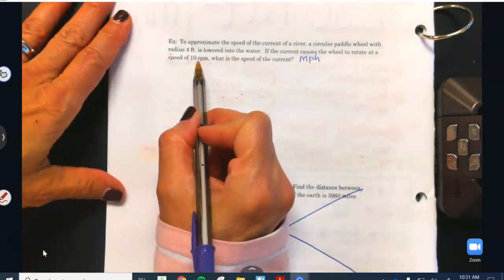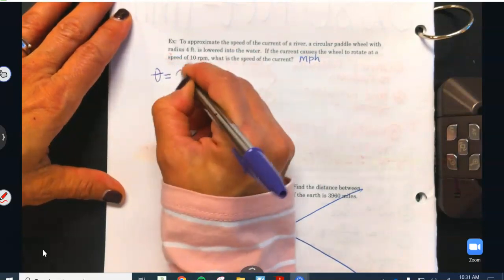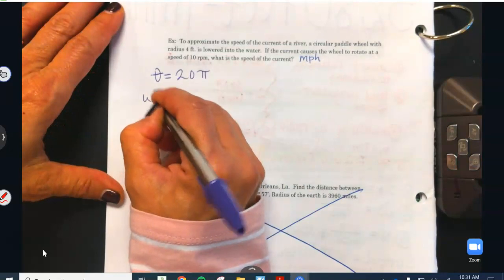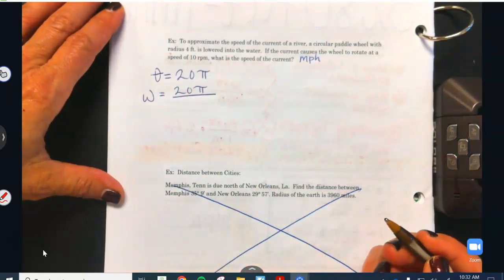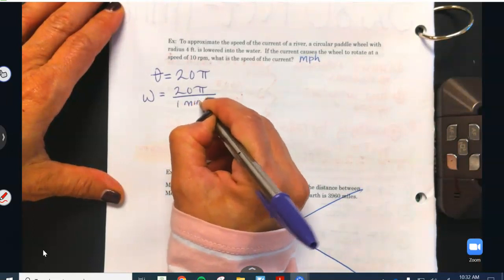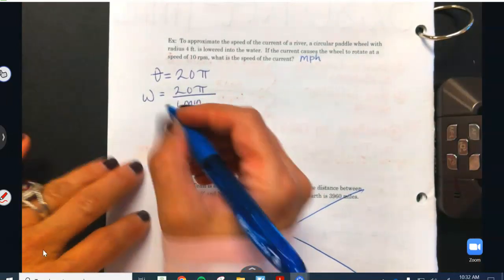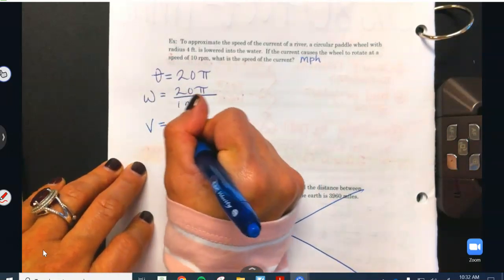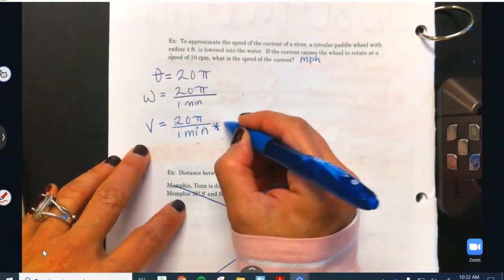So the revolutions are 10. So theta is going to be 20 pi. Angular speed is going to be 20 pi per minute. Linear speed is going to be 20 pi per minute times the radius, which is 4 feet.